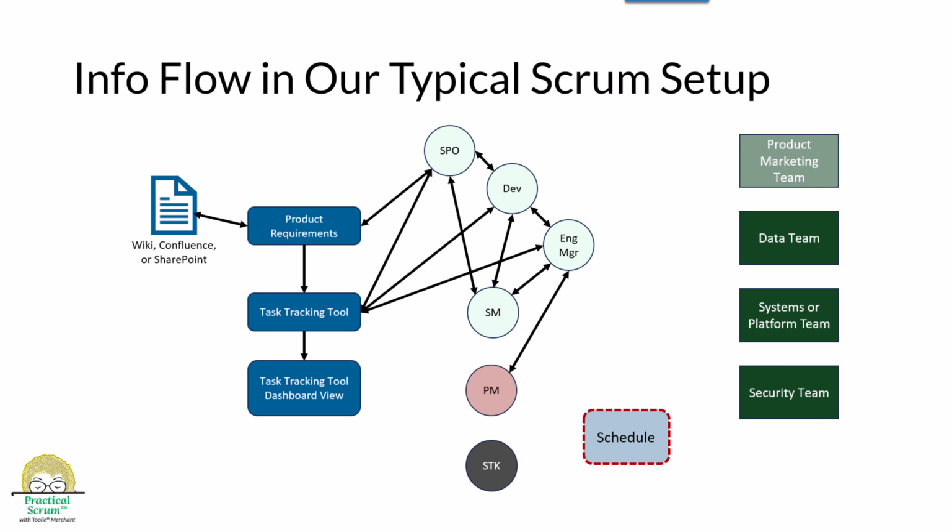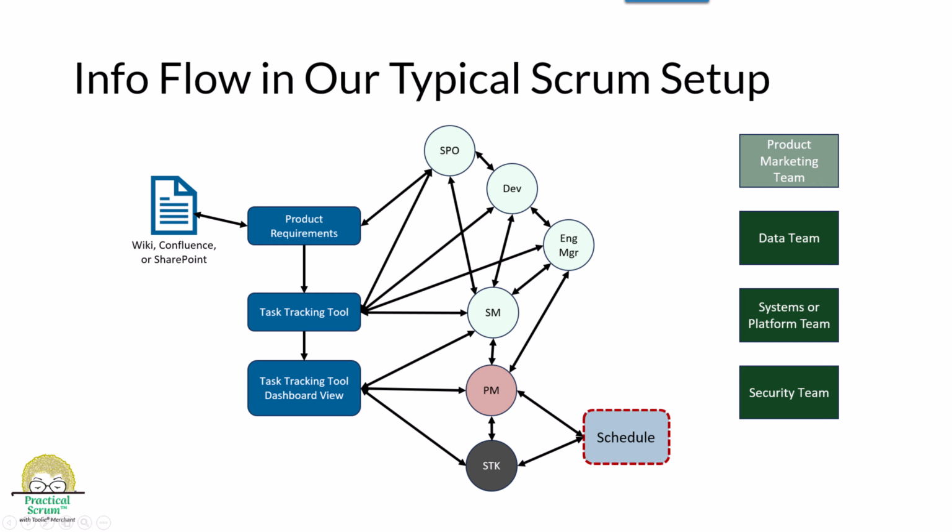The engineering manager will interact with the dev team, the task tracking tool, the Scrum Master, and the project manager. The Scrum Master will interact with the SPO, the dev team, the engineering manager, the task tracking tool, the project manager, and the dashboard. The project manager will interact with the engineering manager, the Scrum Master, the dashboard, the schedule, and the stakeholders. Oh, and the stakeholders will interact with the project manager, the schedule, and the dashboard.